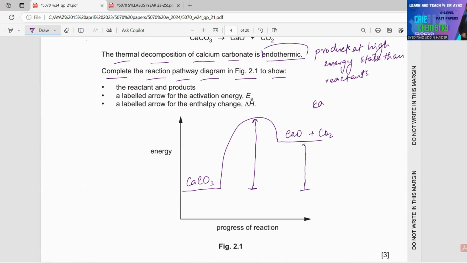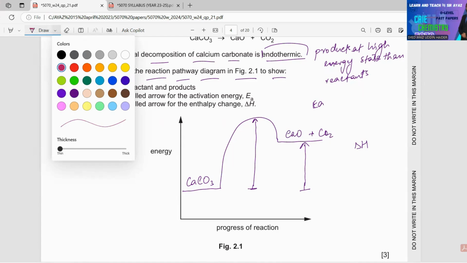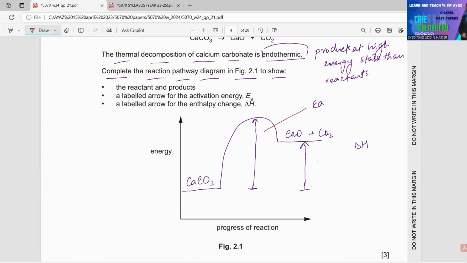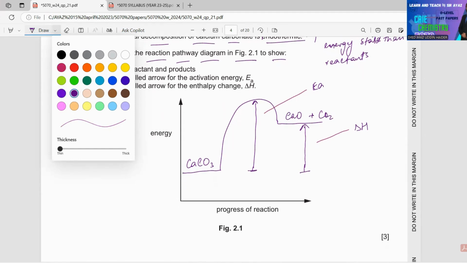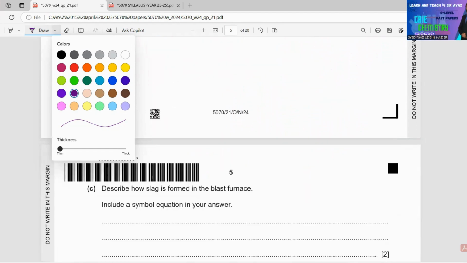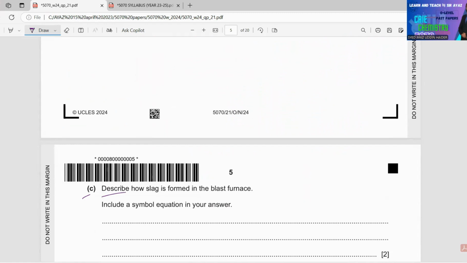It's also going up because it's absorbing energy. So this will be the final labeled diagram for this.